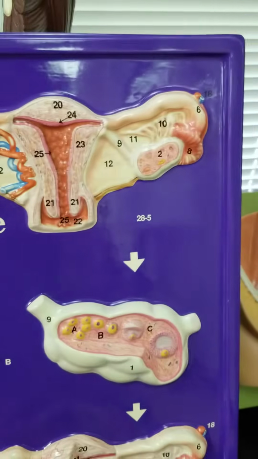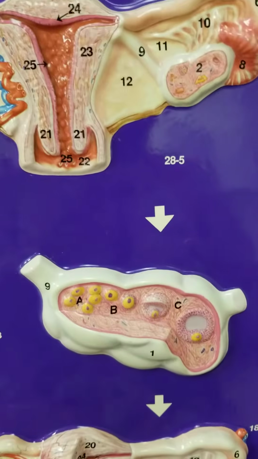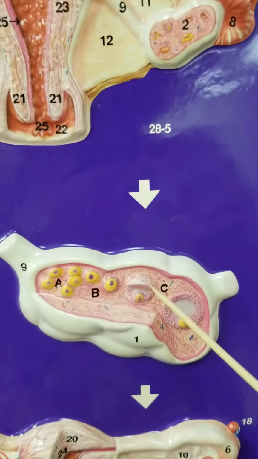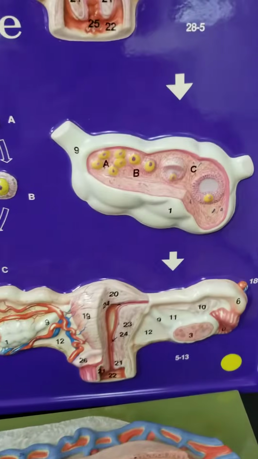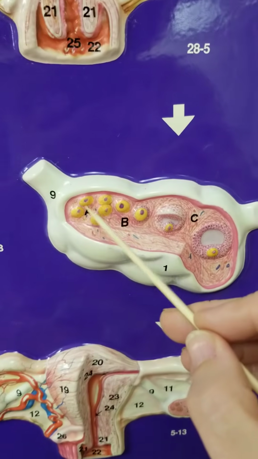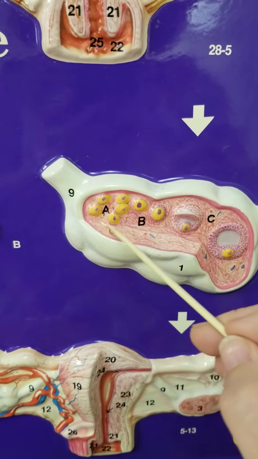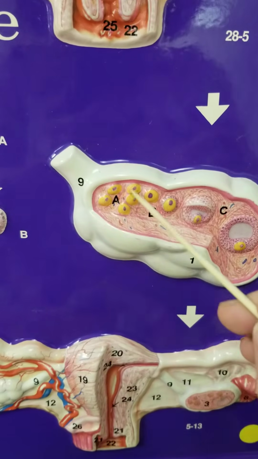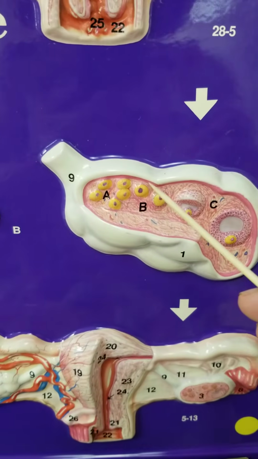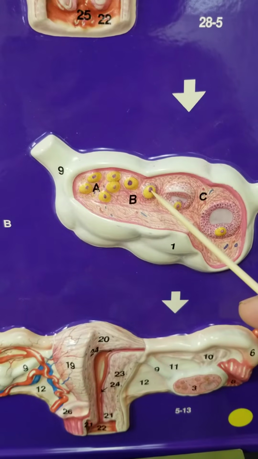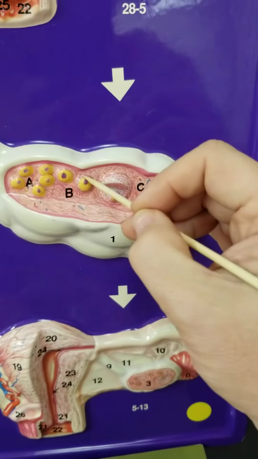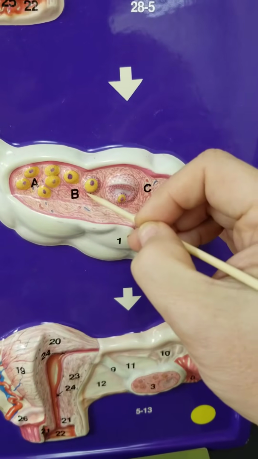Now we're going to stay on this model for a few minutes, and we're going to talk about the ovary. So we take this and we blow it up big, we get this. If we blow it up really big, we get that. Okay, so when looking at the ovary, we can see things like this. This is an egg nest in A that's showing primordial follicles. And then some of them are going to be chosen to become primary follicles, which are represented here by B. You can usually tell because they get a ring of granulosa cells around them.